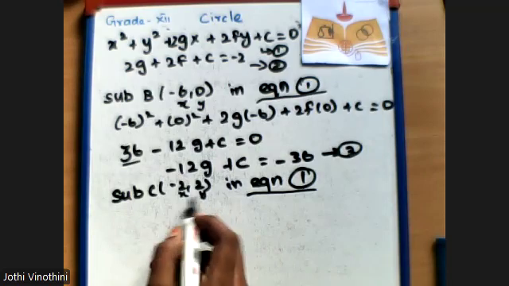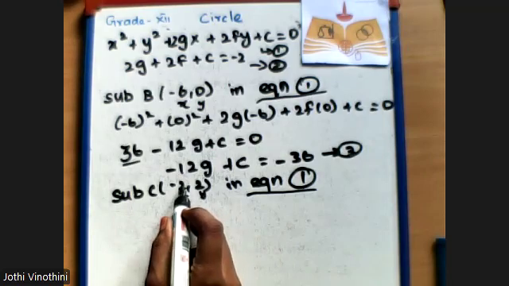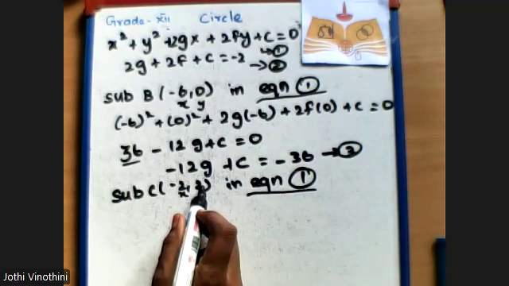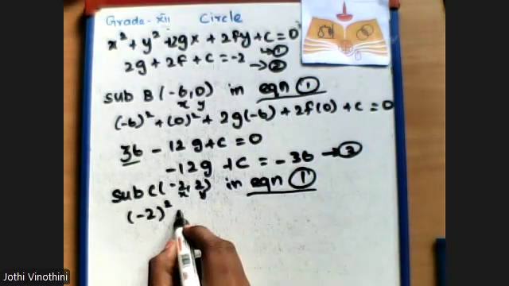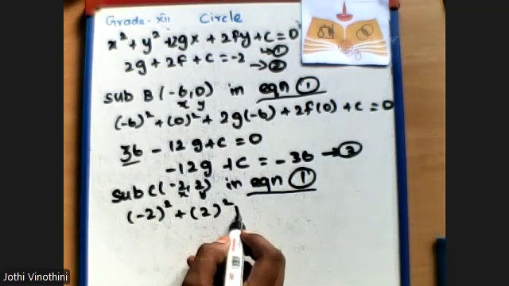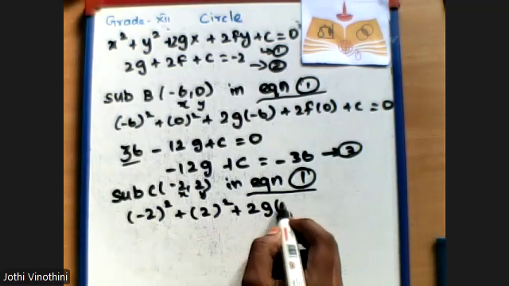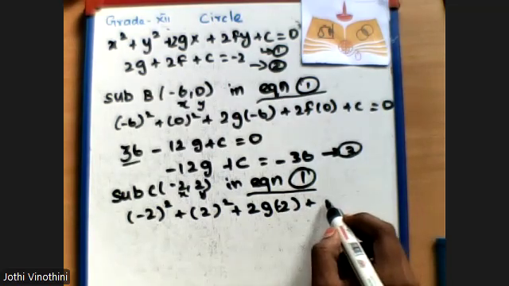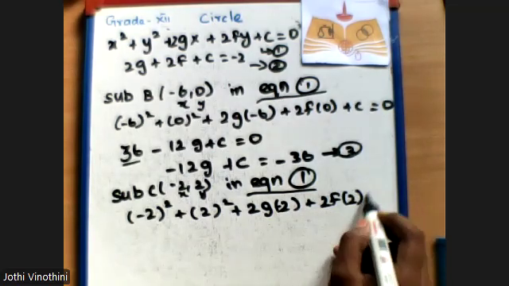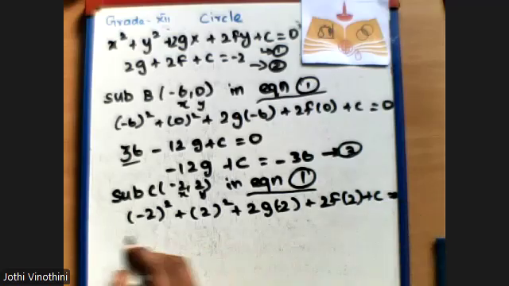So in place of x, we are going to substitute minus 2. In place of y, we are going to substitute 2. So minus 2 the whole square plus 2 squared plus 2g into minus 2 plus 2f into 2 plus c equals 0.